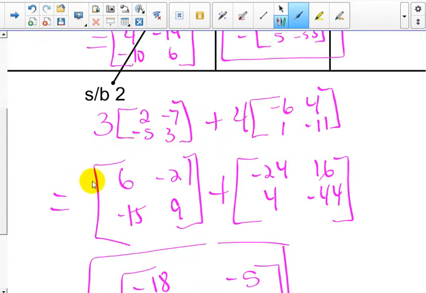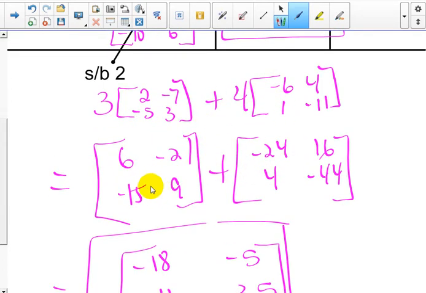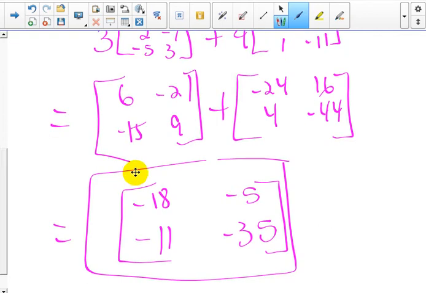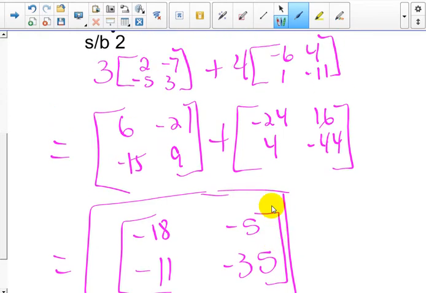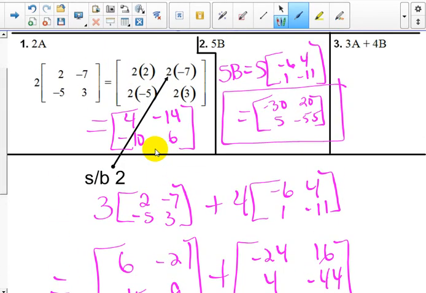You do the scalar multiplication, and then you combine those two using scalar addition. Then you get negative 18, negative 5, negative 11, and negative 35. Right? Any questions? Okay, then let's move on. How easy was that?